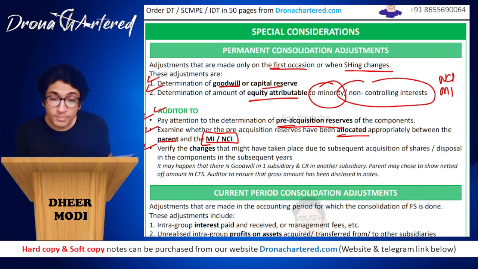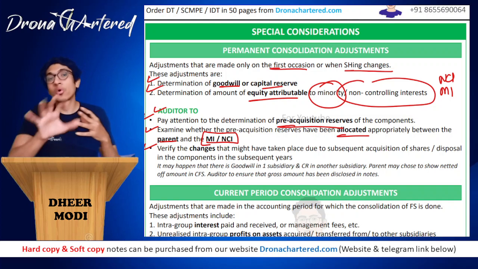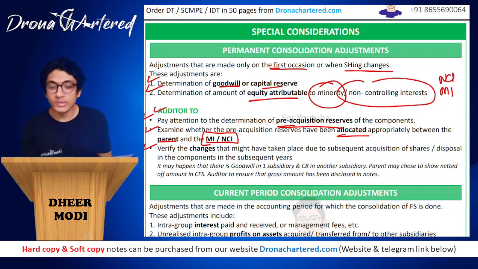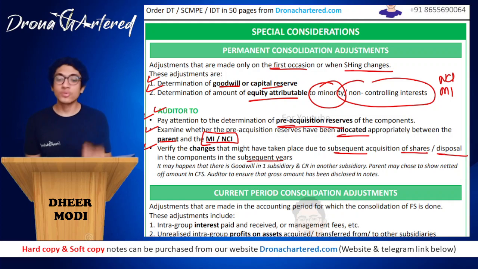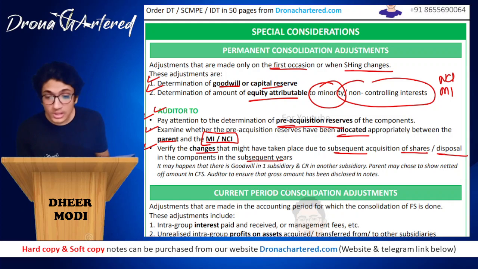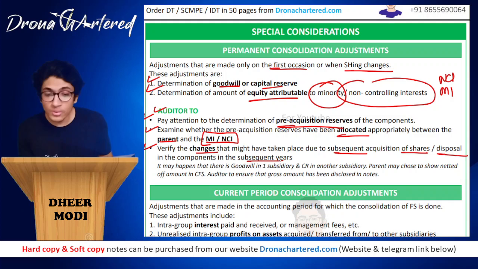These pre-acquisition reserves are all the reserves that you had on the date before I purchased you. Verify changes that might have taken place due to subsequent acquisition of shares or disposal in the component in the subsequent year. So these three things the auditor has to check.